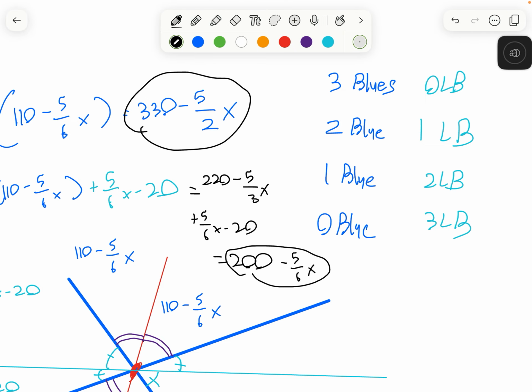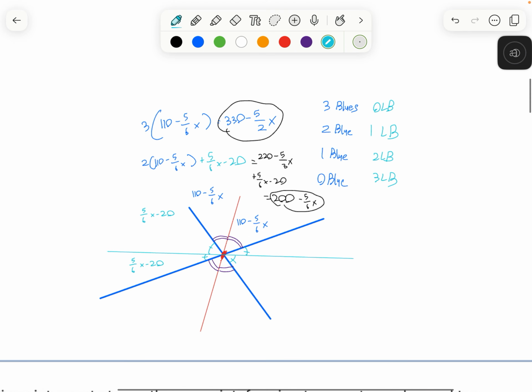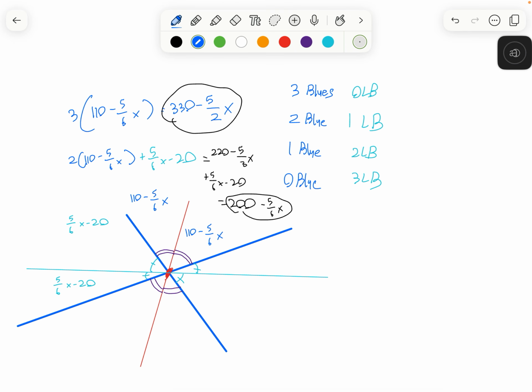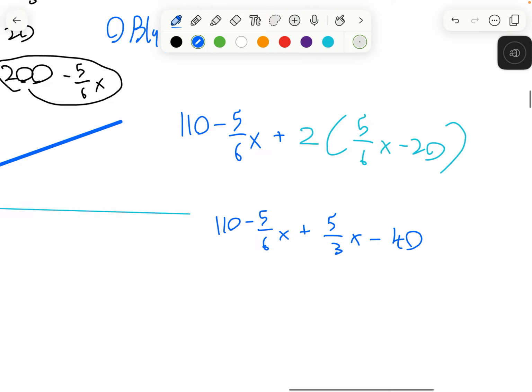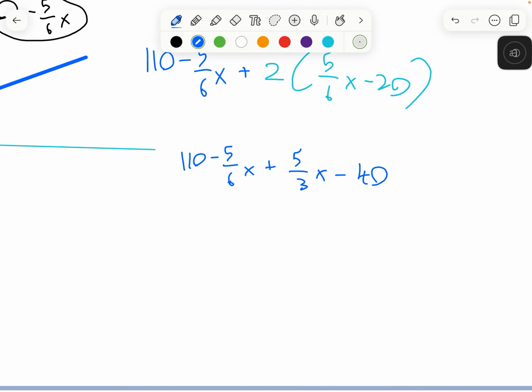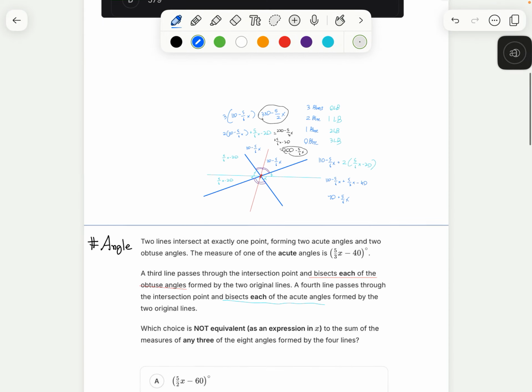This is another possibility. We can have one blue and two light blues. So 110 minus 5/6 x plus two light blues. If you solve that, it simplifies to 5/3 x minus 40, so that becomes 70 plus 5/6 x.